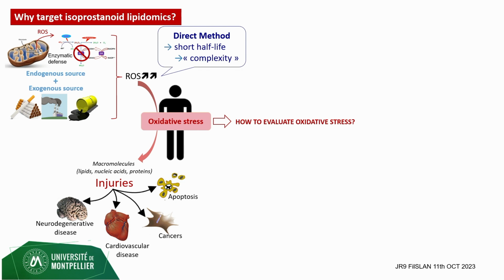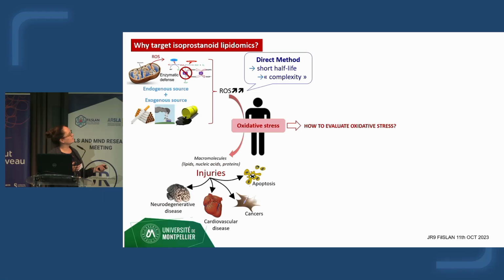We can try to evaluate it with a direct method, but due to the short half-life of ROS, it's a bit difficult, and that's why we often prefer to use an indirect method, for instance to evaluate the level of compounds coming from the oxidation of such macromolecules.